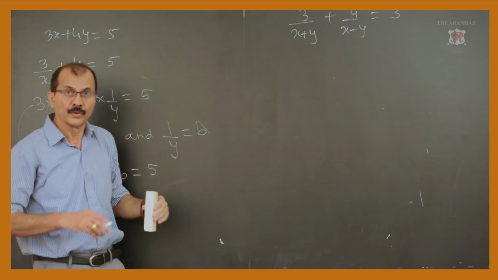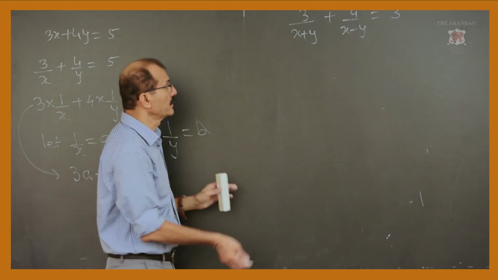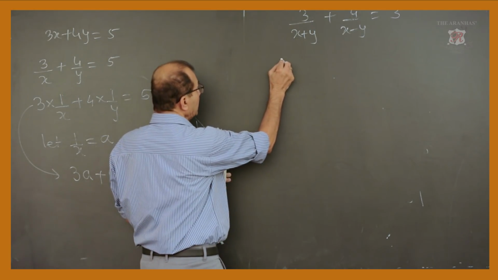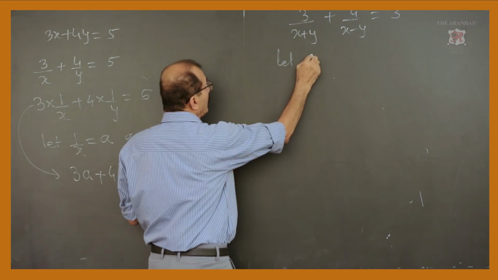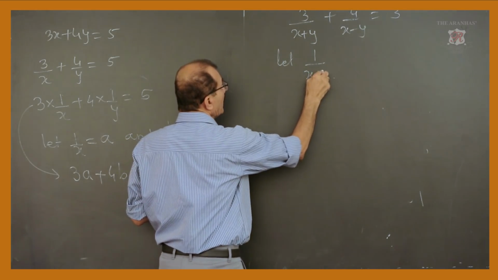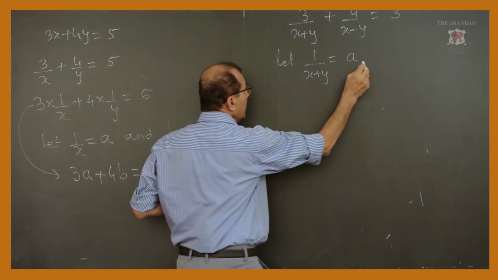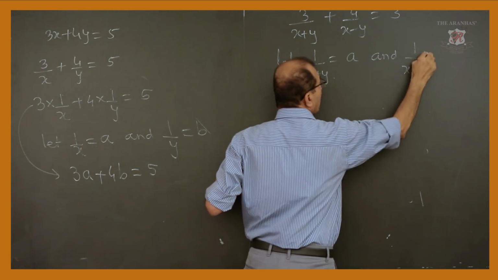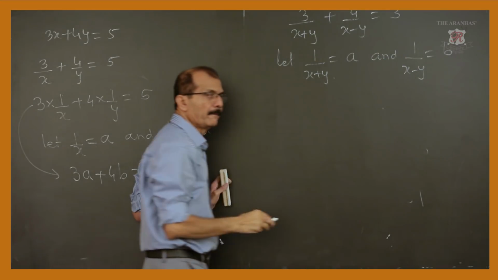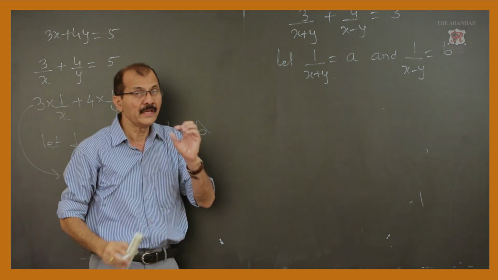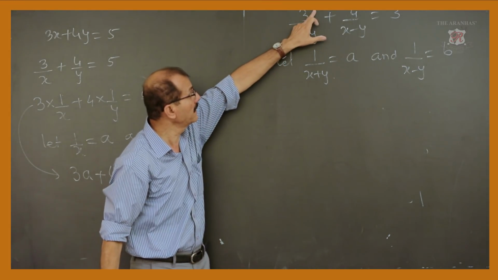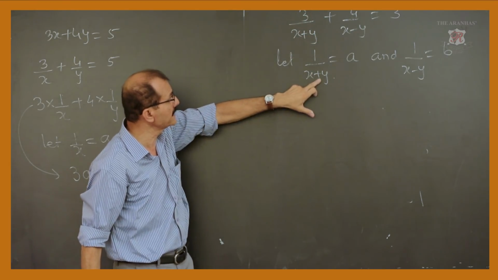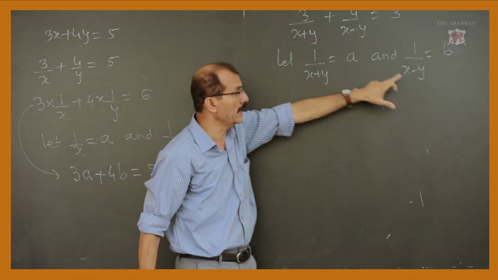Therefore, to reduce it to the linear equation, we let 1 upon x plus y be equal to a and 1 upon x minus y be equal to b.